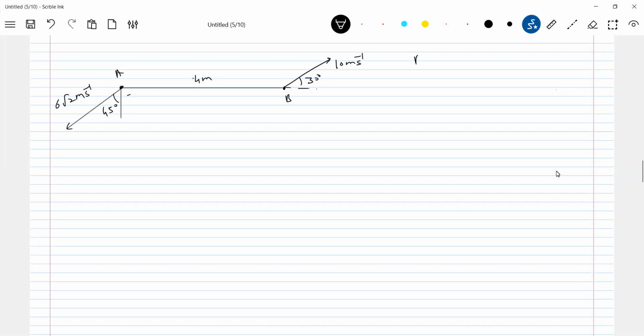So I'll write the question. The particles A and B are moving in a plane. I'm not using circular motion at all. They're moving in a plane as shown.